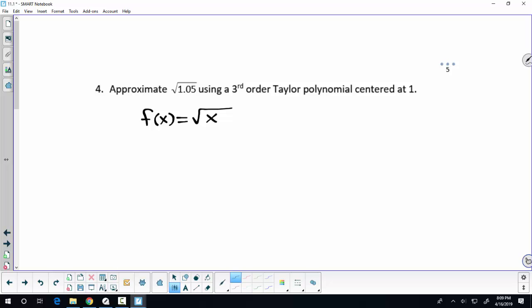And so when we approximate the square root of 1.05, our input into the polynomial is just 1.05. It's not the square root of 1.05. So we're saying that the square root of x is approximately the 3rd degree polynomial. So when we approximate this, that's our input.